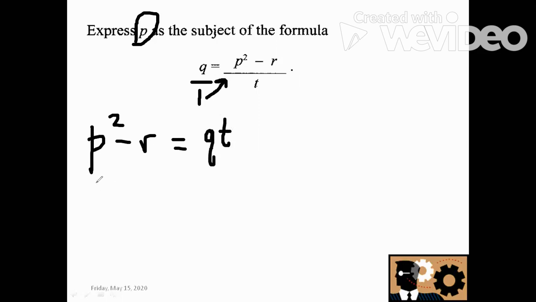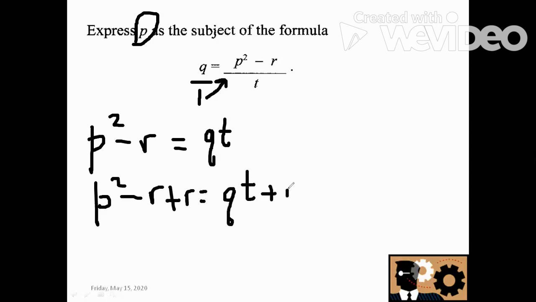So we need to get rid of this minus r on the left. So we're going to add r on the left. And also we're going to have to add r on the right. So this will give us 0. All right.